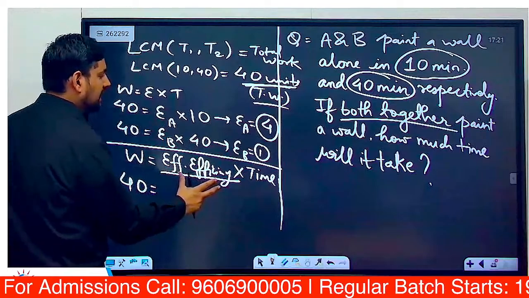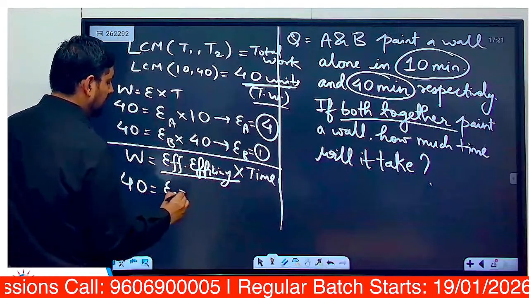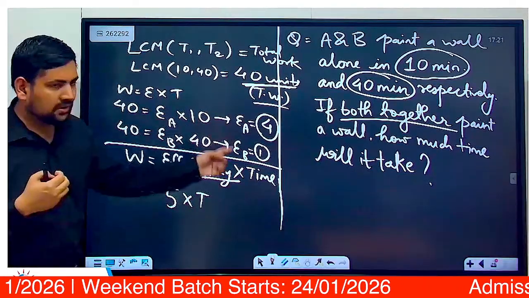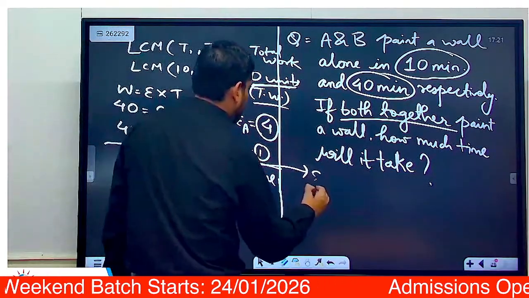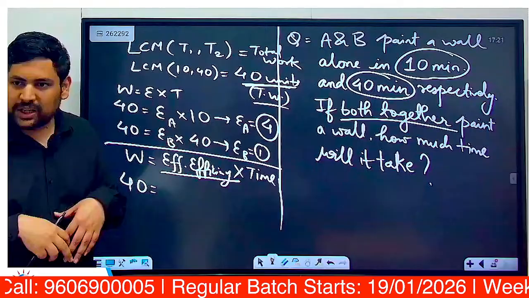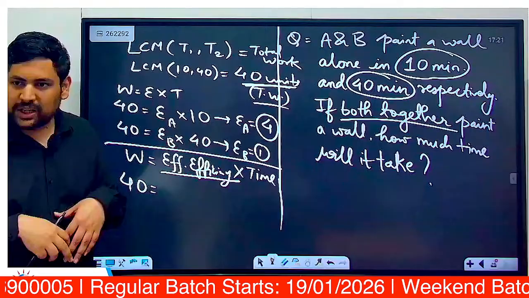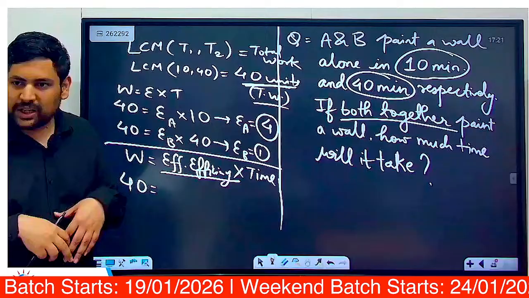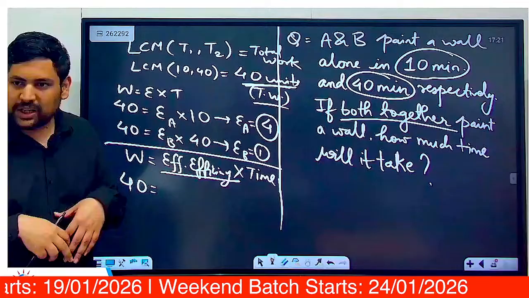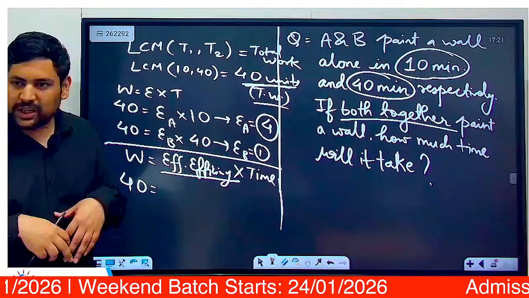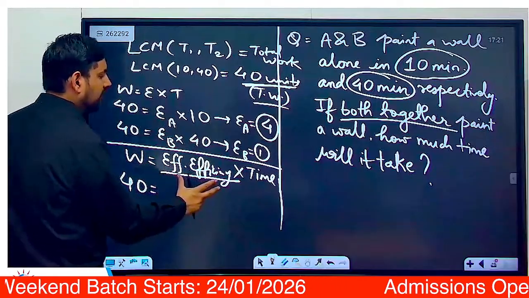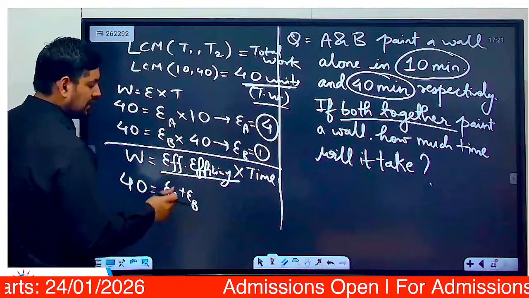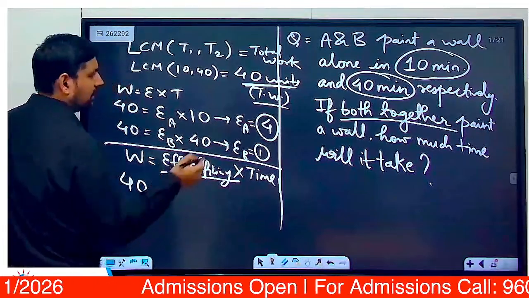So effective efficiency will be efficiency of A plus efficiency of B, this will be equal to 5, into now time I'm trying to find out.